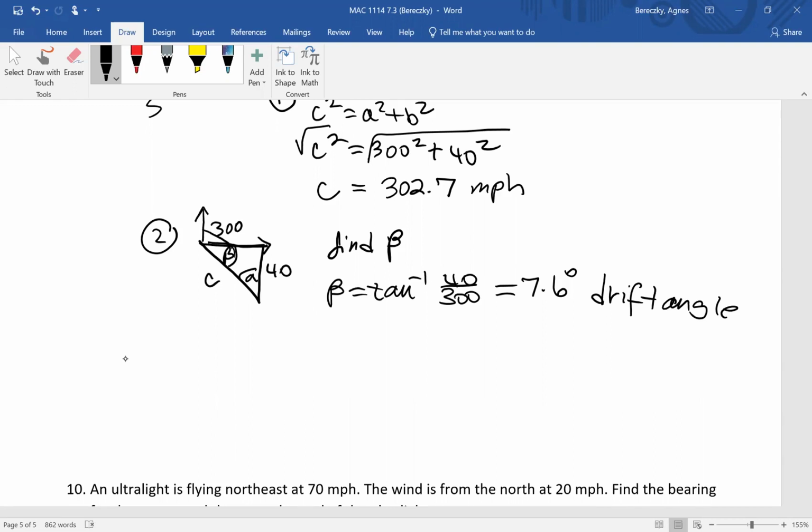So this is the 90 degree plus the beta. So 90 plus 7.6 will be the 97.6. That will be our bearing. And the speed is the 302.7 miles per hour.